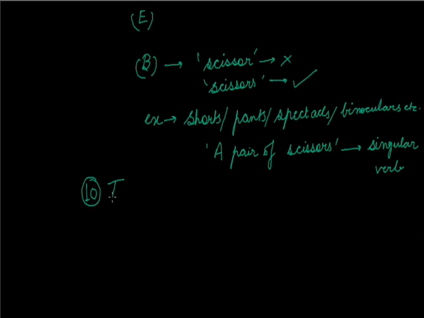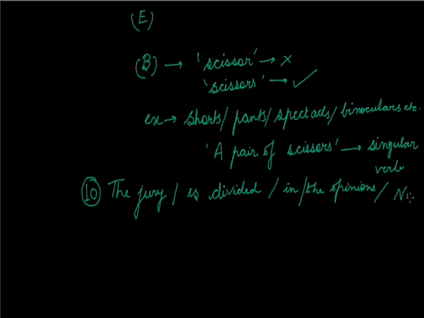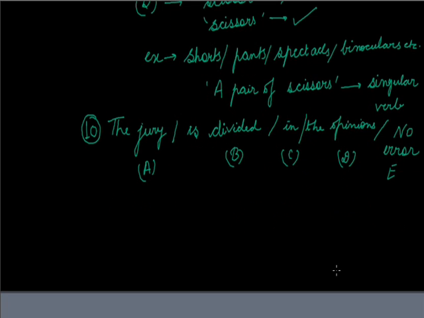Next question. The jury is divided in the opinions, and the next part is no error. Again, it is divided in 5 parts: A, B, C, D, and E. The error is in part B. Here it should be jury are, not is.